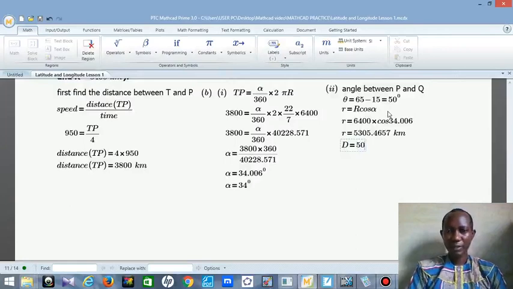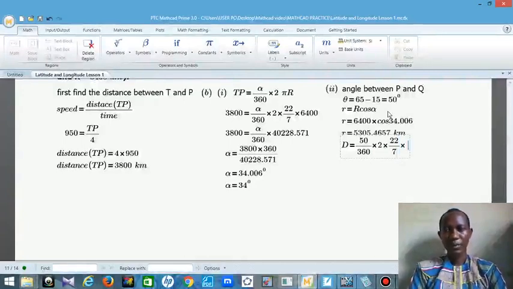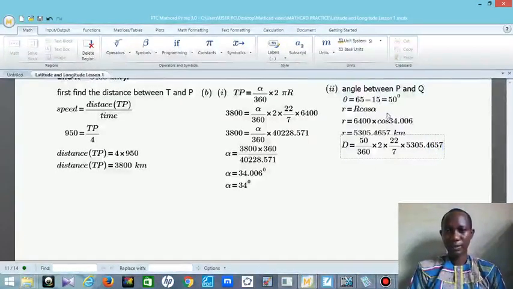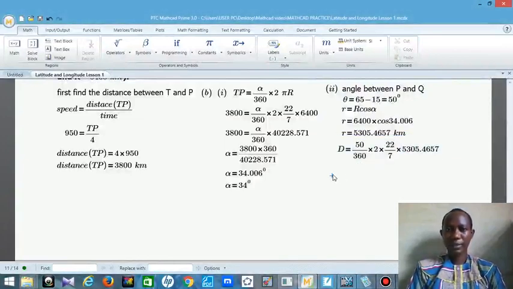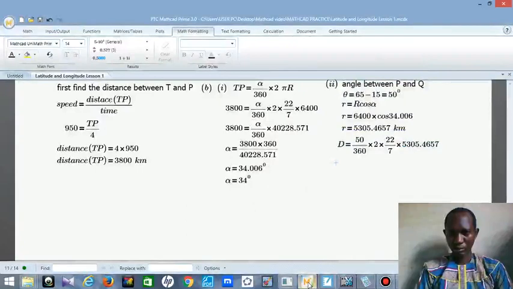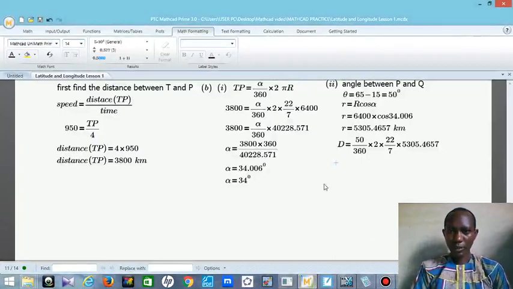So theta is 50. 50 divided by 360 times 2 times 22 over 7 times 5305.4657.